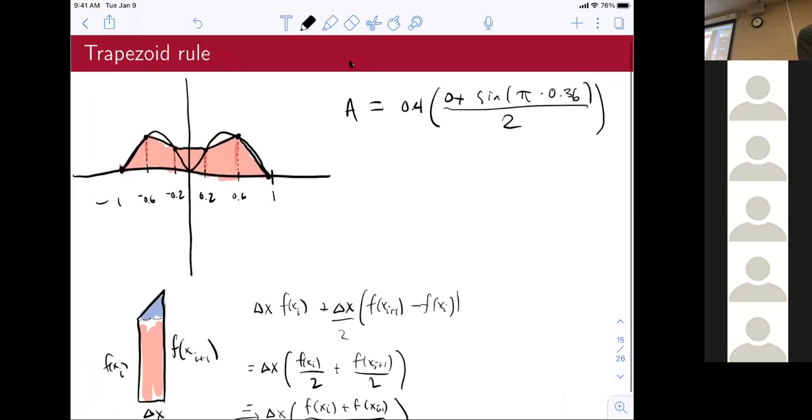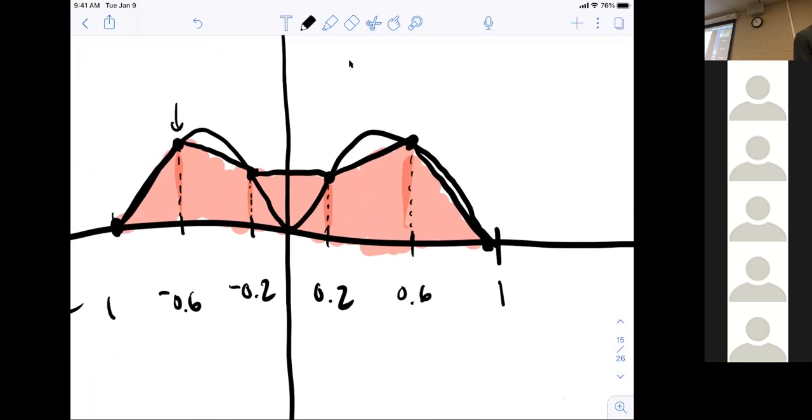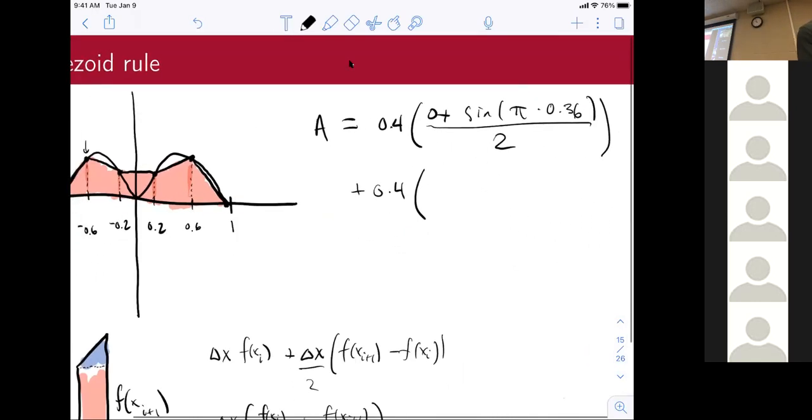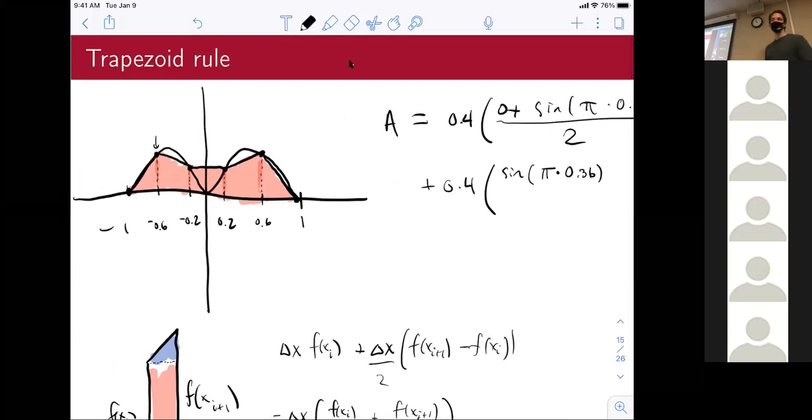Plus, then I want the area of the next trapezoid, 0.4 times. Well, I already know the height on the left here because I found it before as the height on the right for my first trapezoid, right? So this is just sine of pi times 0.36. And then the height on the right, well, what's that going to be?